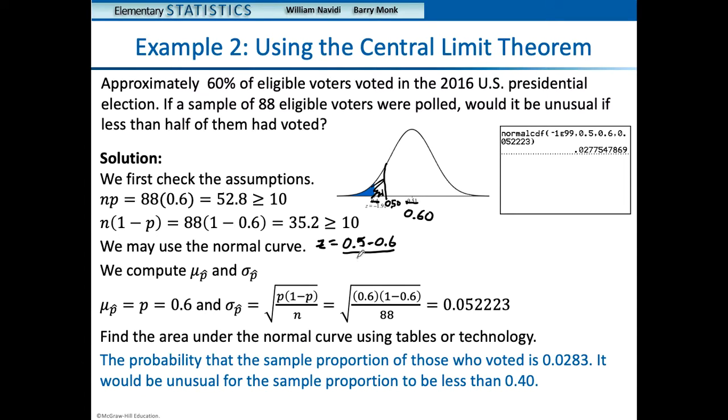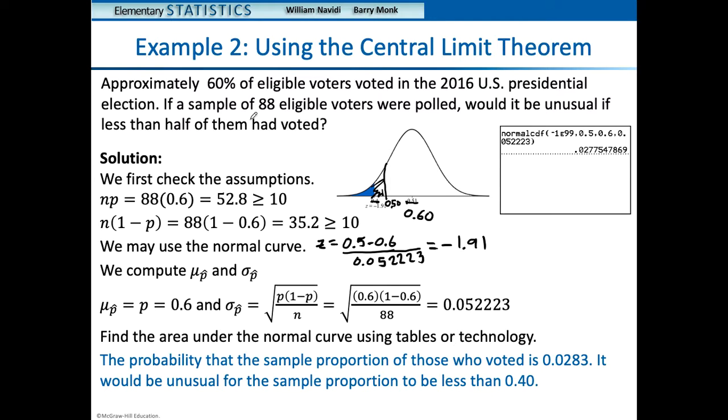That is 0.052223, and that works out to be negative 1.91. Then we go to the chart and find the area to the left of z equals negative 1.91. And that would be our answer, okay?